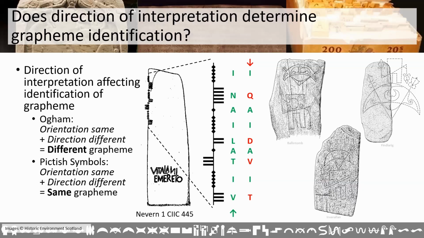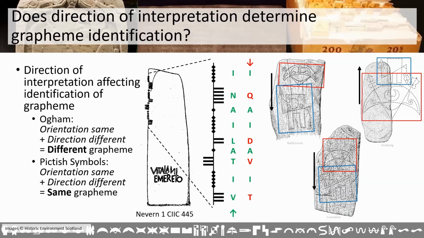I've reasons for believing that all three of these stones relate to the same linguistic content. I can talk about that later. But what you'll note is that I think the direction of interpretation of these two is the default downwards interpretation, and this one is upwards.